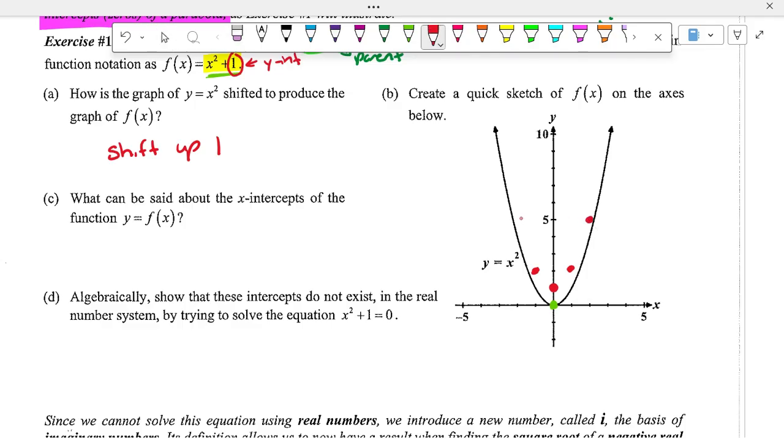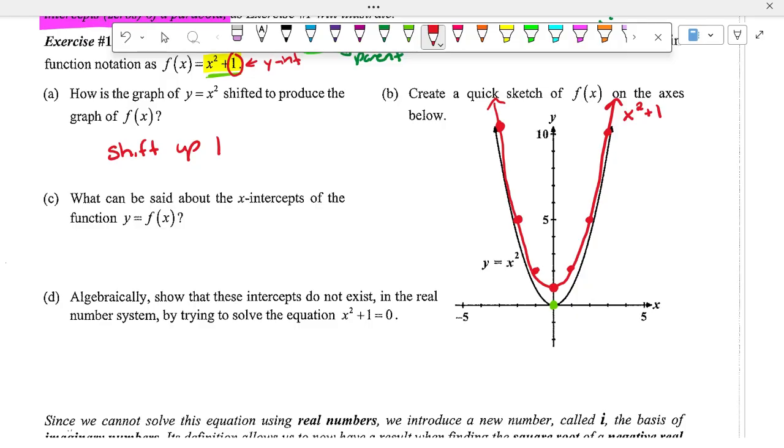So 2, 5, negative 2, 5, and then 3, 10, negative 3, 10. So this would be our new graph. So this graph is x squared plus 1. So the red graph is x squared plus 1.